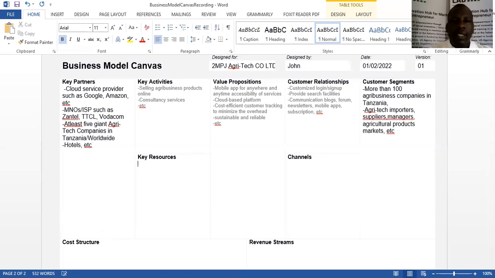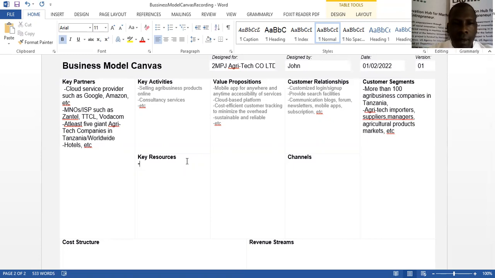Now, for key resources, you identify based on the type of your technology-based business. For example, for this one, we will need servers, we will need ICT infrastructure.